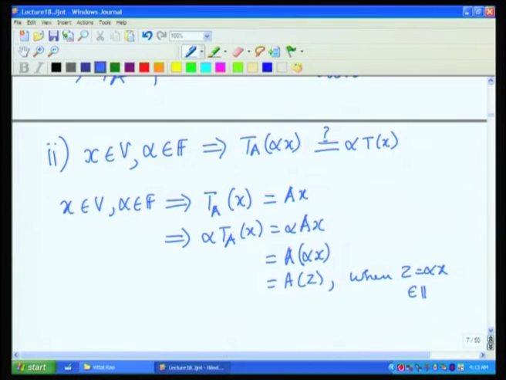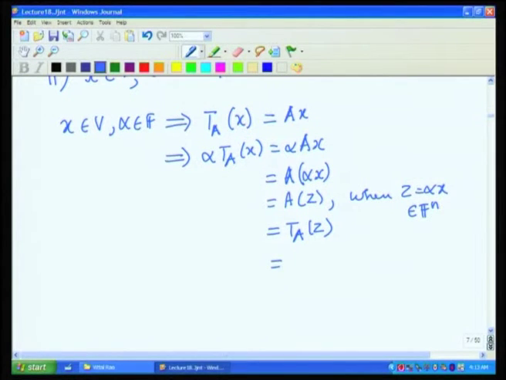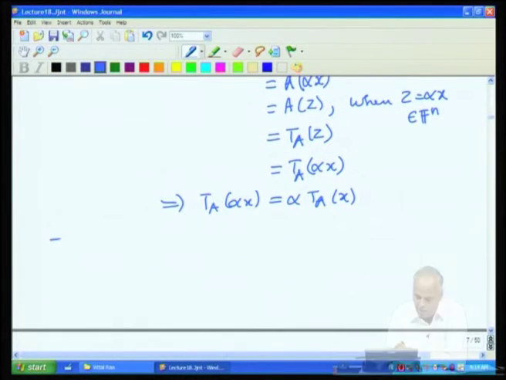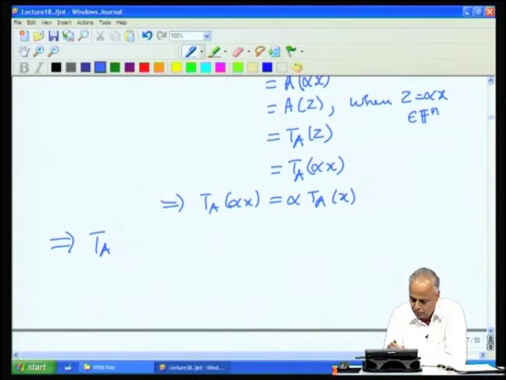So, the z vector is in Fn. The moment you take a vector in Fn, Az means we are taking TA of z. Now, z is alpha x, so that is equal to TA of alpha x. Thus we see that TA of alpha x is equal to alpha times TA of x, and hence TA preserves scalar multiplication.